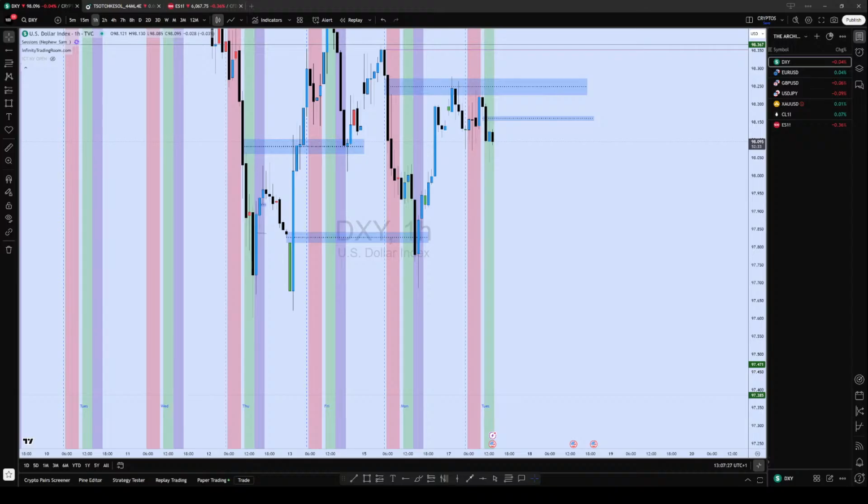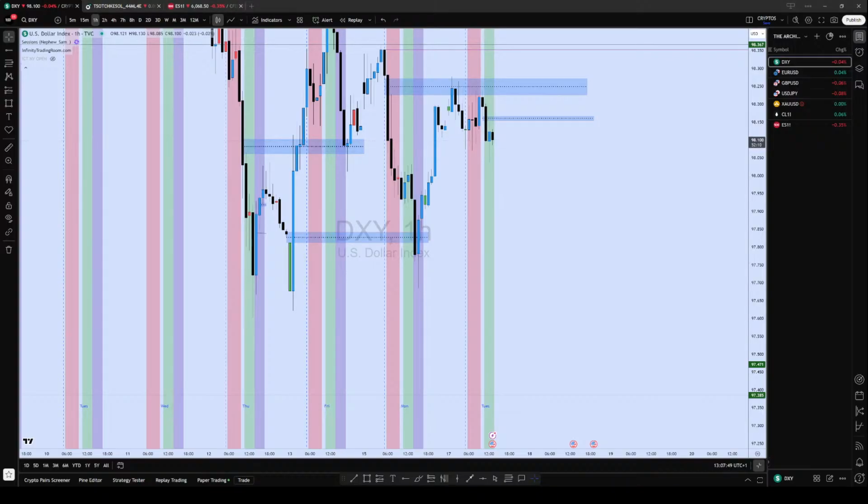So today, this afternoon, I'm expecting price to move lower at 1:30. There is a news event. At 1:30, there is a news event. Maybe they could use that to send price to that level.